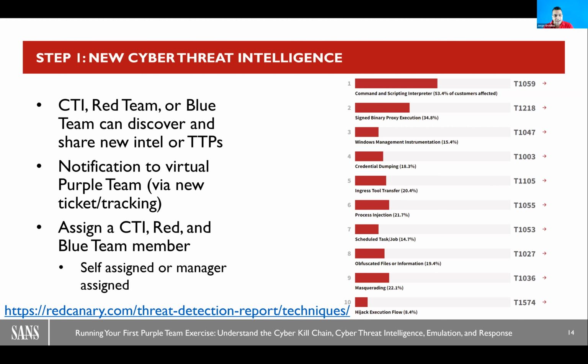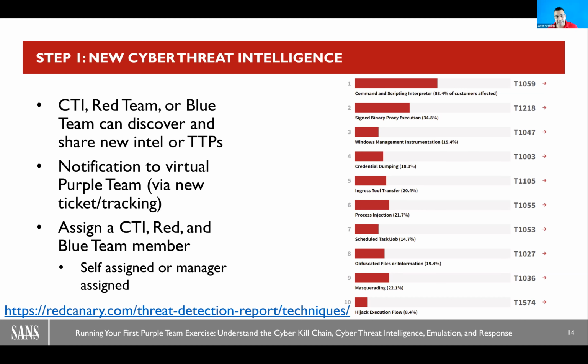Now that comes in, you should have a way to notify the team, right? Maybe have a Slack channel or a Microsoft Teams channel or whatever it is that you use and post it up there. Hey, look, this new tweet or this new report came out. And whether you initiate in a purple team or not, it's great to share that information, take a look at it, see who should look into this.